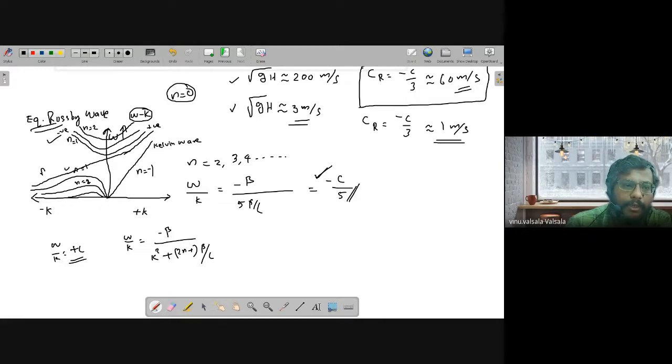We call them MRG waves, mixed Rossby gravity waves. They are for n equal to 0 in the Hermite polynomial mode numbers. For a very high frequency condition, they behave as a gravity wave, but for a very low frequency condition, they behave as a Rossby wave. So they are called mixed Rossby gravity waves.